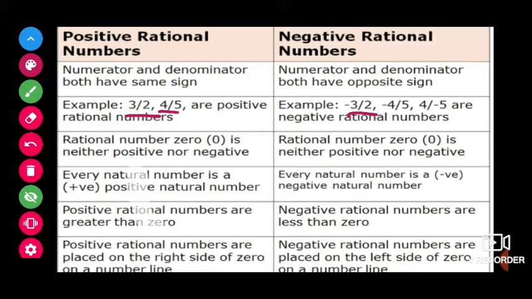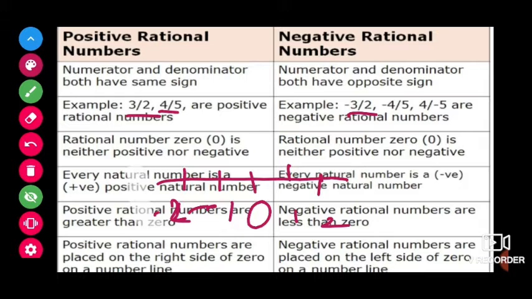Negative rational numbers are less than zero, and also less than positive rational numbers. If we see the integer number line, we know that with 0, this side is positive and this side is negative. Even for rational numbers we use this integer number line only, but we make some partitions on the number line.